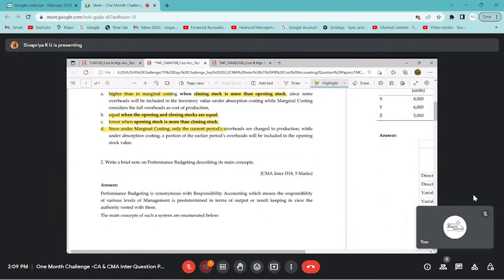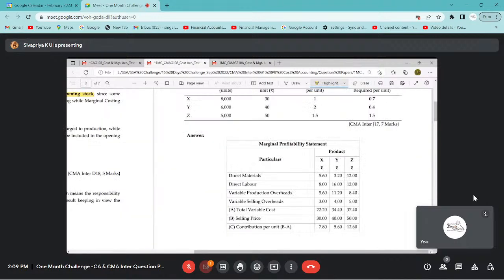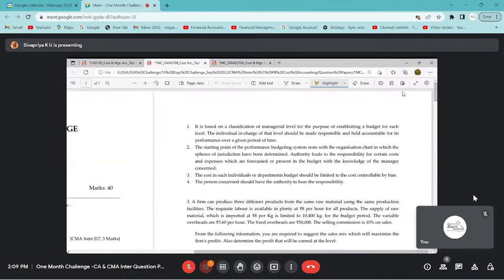Question number 2. Write a note on performance budgeting and its main concepts. Performance budgeting is the responsibility of the various levels of management. It is predetermined in terms of either the output or any other results, keeping in view the authority vested with them. What are the main concepts enumerated there? Write at least 4 points.